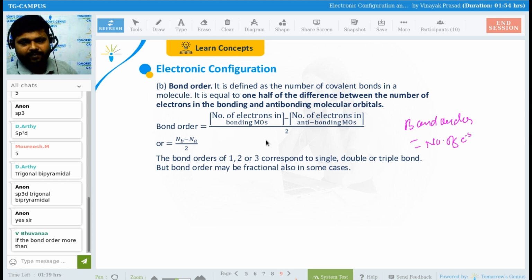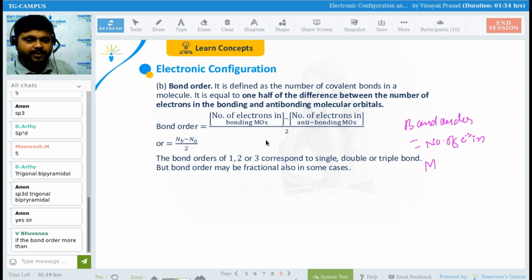Guys, I am writing like this: number of electrons in bonding molecular orbitals, MOs. It is MOs, not dominos. Molecular orbitals, right? Getting my point, everyone? It is not dominos, right?